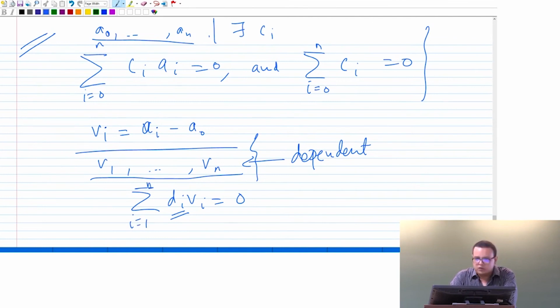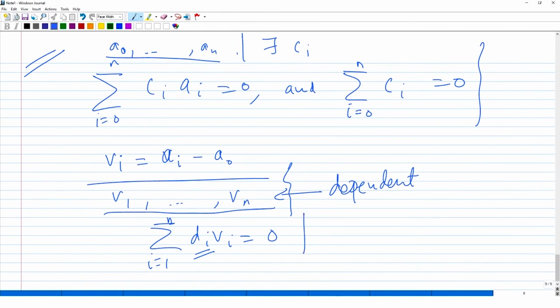It is important: I have taken A0 to be the hinge, I have moved the origin to A0, and then I build these vectors. So, I can find di's for which this is equal to 0. What does this mean? I will write it in terms of Ai's again. This means summation di (Ai minus A0), i equal to 1 to n, is equal to 0.